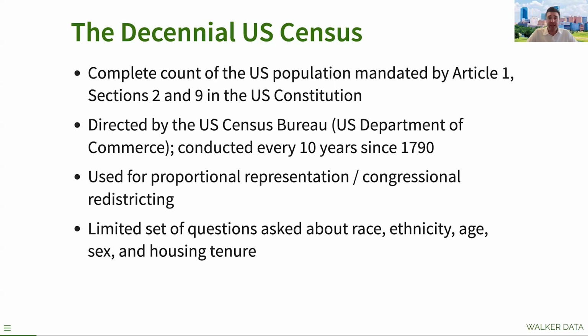It's conducted every 10 years. So the last one we had was in 2020, and it is used primarily for proportional representation and redistricting in US Congress, but it is also used for resource allocation, a whole lot of other things. It asks a limited set of questions about, say, race, ethnicity, age, housing tenure and sex.